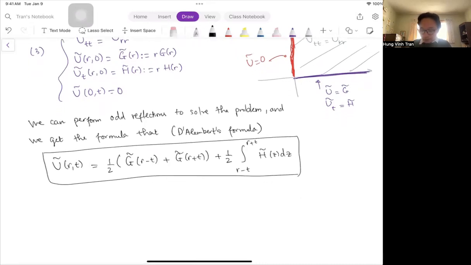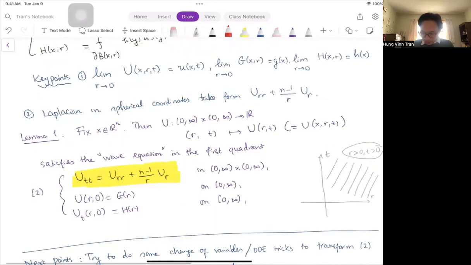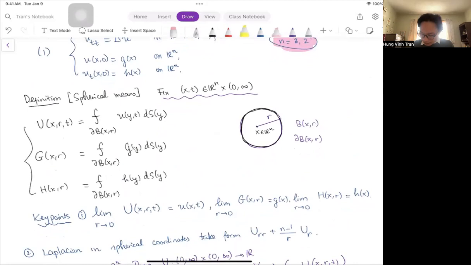Okay. Now, what do we want from here? We have that u tilde of r,t is nothing but the spherical mean times r. And the key point that I noted here is that in order to recover little u at x,t, I only need to take the limit of the spherical mean as r goes to 0.